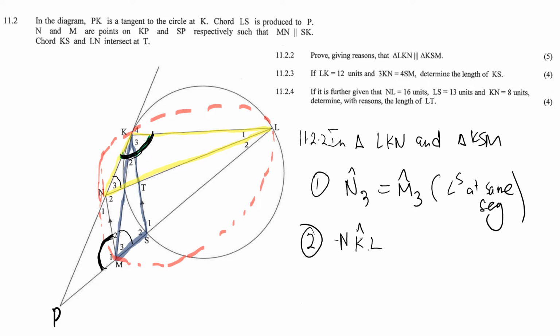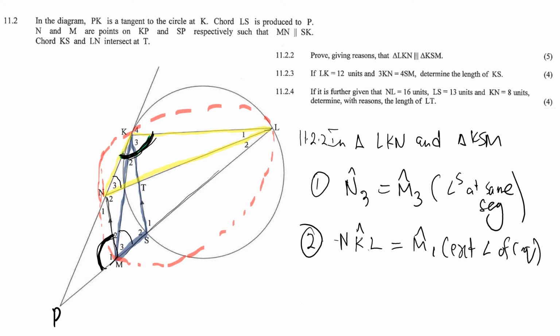Because we have proven that KLMN is a cyclic quad, as I showed with the red circle, the exterior angle M1 will be equal to the opposite interior angle NKL. Meaning that angle NKL equals angle M1, by exterior angle of a cyclic quad.